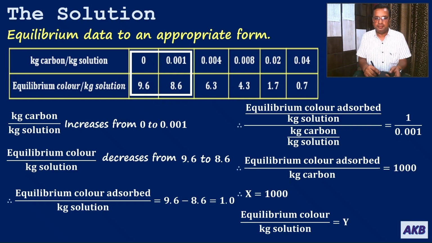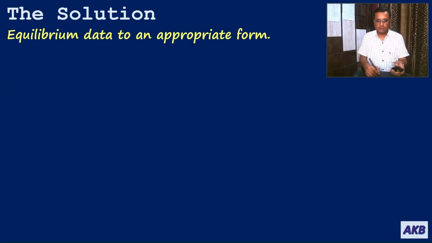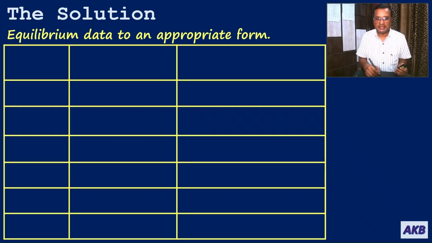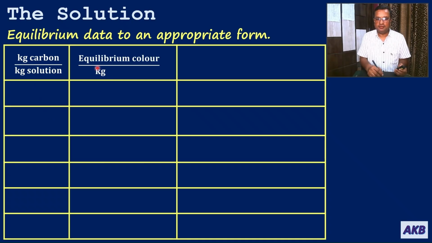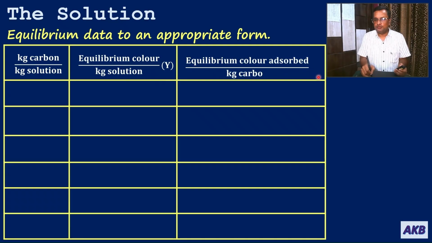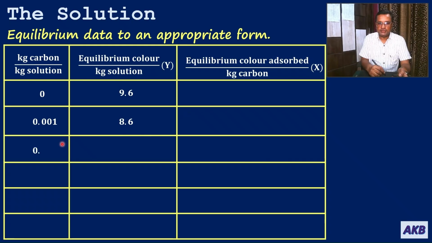Let us move ahead. Now let us convert the entire data. You have different values of kg carbon per kg solution, and various values for equilibrium color per kg solution, which is capital Y, and then we have to get different values for capital X, that is, equilibrium color adsorbed per kg carbon.